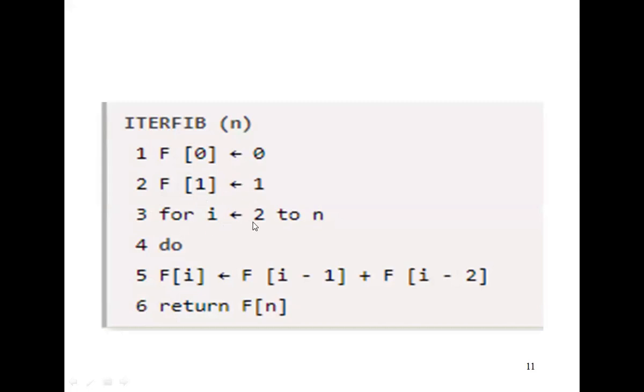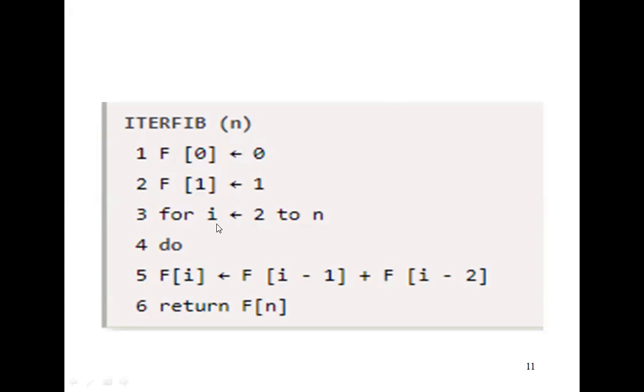So for i equal to 2 to n, that means when we are considering from the second position, i equal to 2, then we can calculate the Fibonacci number of 2. So Fibonacci number of 2 is equal to f of i minus 1 plus f of i minus 2.